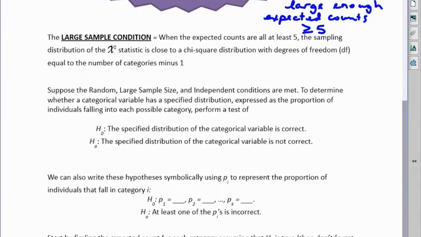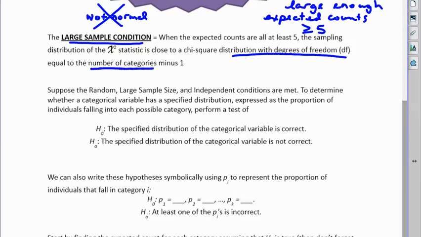So that's not a normal check, it's a large sample condition check. So not normal, okay, cross that off. It's not normal, instead it's large sample, so that's how that's changed. Our degrees of freedom is going to be our number of categories minus 1. That's the degrees of freedom.